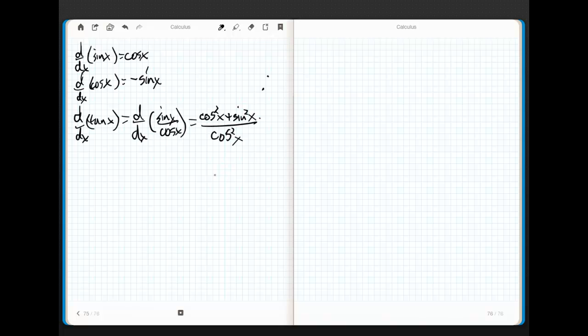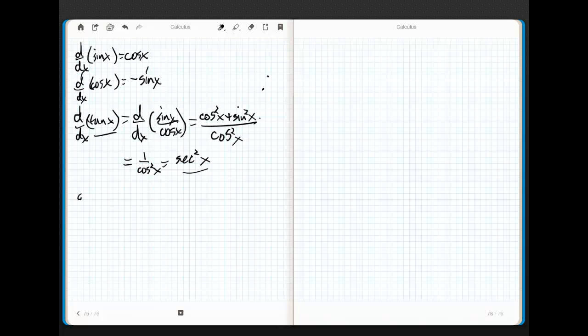I don't know where that other cos squared came from. And here's where I'm at. Now, look, notice no limits required, which is fabulous because I know that tan is sine over cos. So cos squared plus sine squared, last I checked from my trig days, is 1 over cos squared x. And guess what I get? The derivative of tangent x is secant squared x.